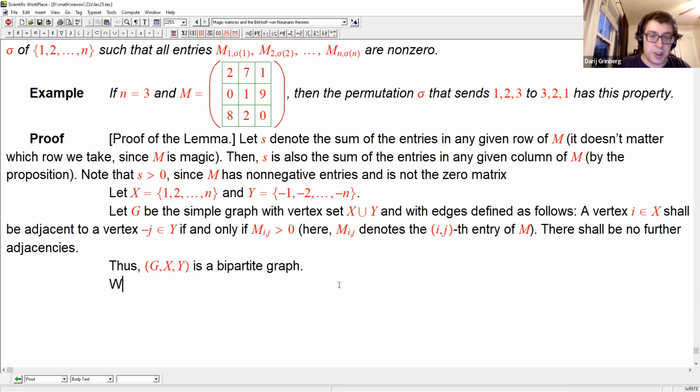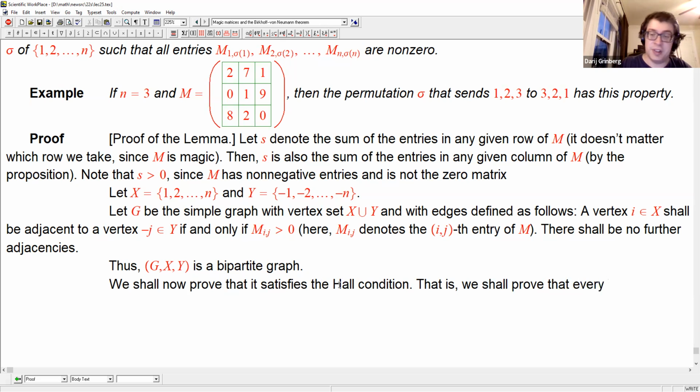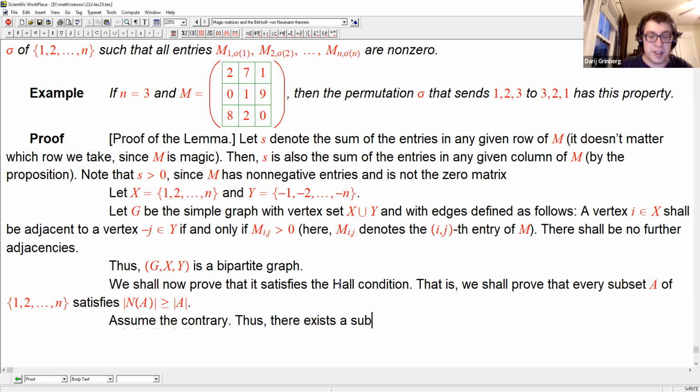We shall now prove that it satisfies the Hall condition. That is, we shall prove that every subset A of 1 up to n satisfies that the number of neighbors is at least the number of elements. To that end, assume the contrary. Thus, there exists a subset A that does not satisfy this inequality.